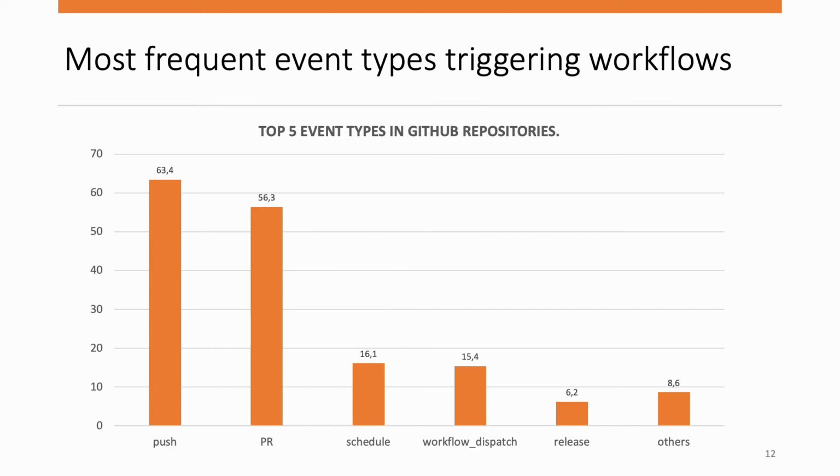The most frequent events, as you can see in the table, are push and pull requests, which are used by more than half of the repositories. This is happening even though in total there are 36 different events that you can use, all of which can be found in the GitHub Actions documentation. So we realized that although you have many different choices, the events directly connected to software collaborative development tools are still the ones being used by developers.